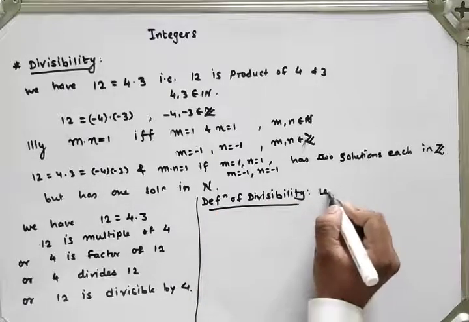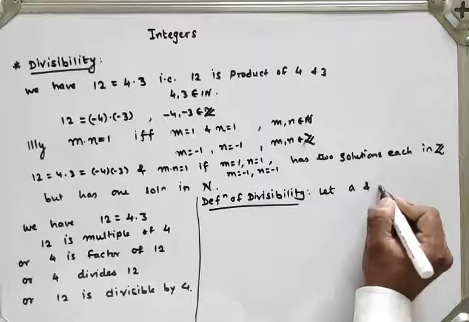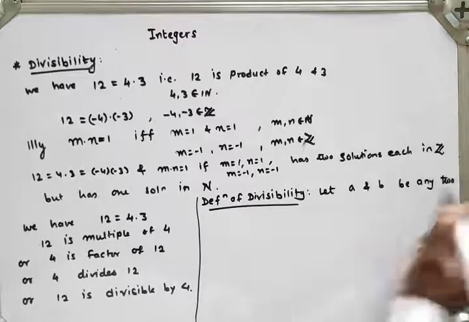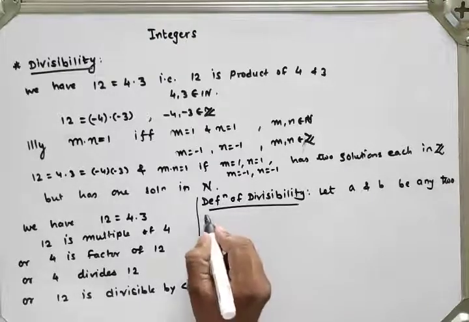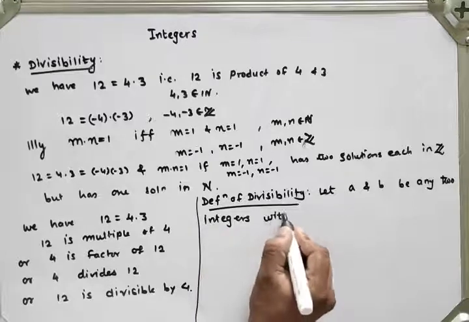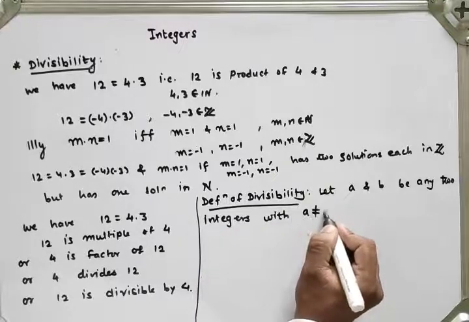Let A and B be any two integers with A not equal to 0.